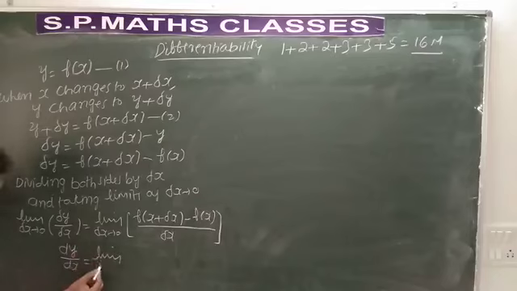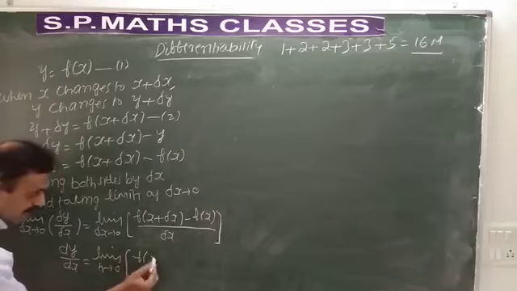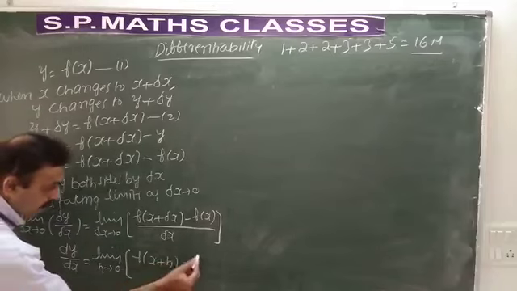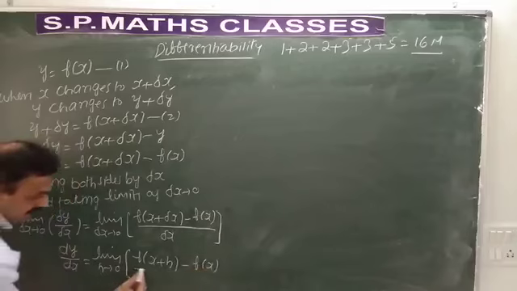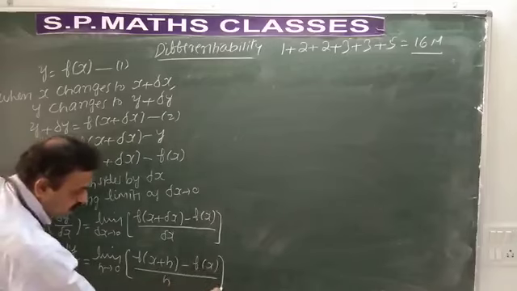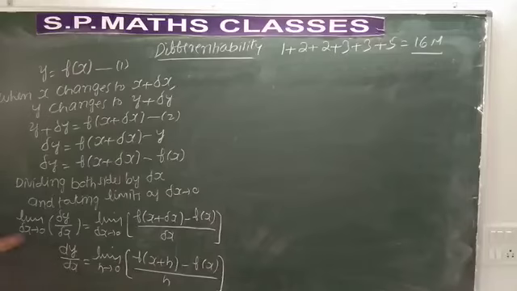Suppose you replace delta x by some letter h, then limit as h tends to 0, f of x plus h minus f of x divided by h. So this dy by dx is defined as the limit as delta x tends to 0 of delta y by delta x. Delta y by delta x is called the increment ratio.